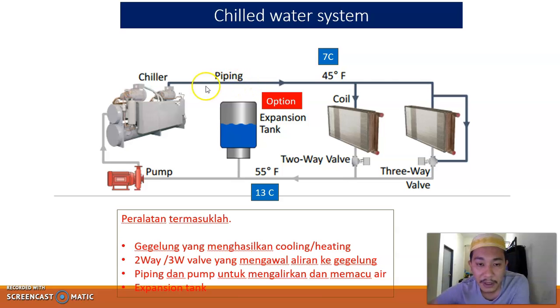The piping system for the chiller system has various sizes depending on the capacity of the chill water system we want, and depending on the volume flow rate of the chill water. The piping system will go to the cooling coil inside the AHU.